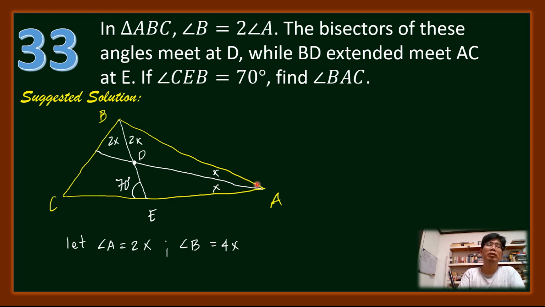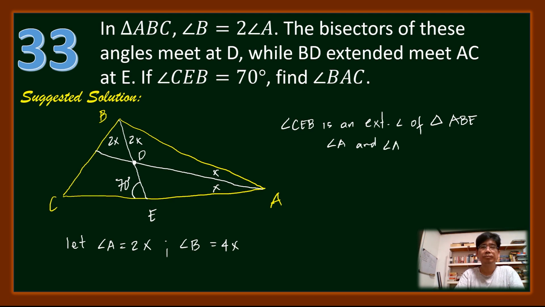Now focus your attention on triangle ABE. In triangle ABE, angle CEB is an exterior angle, where angle A and angle ABE are the remote interior angles.